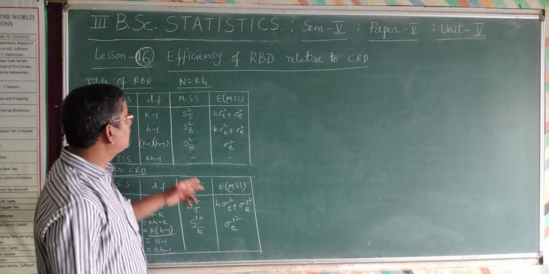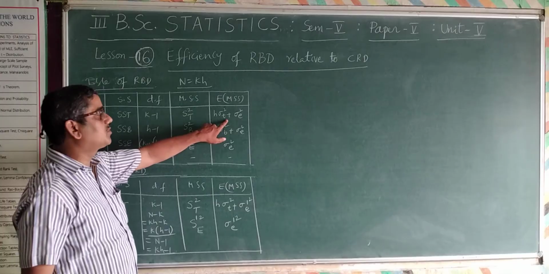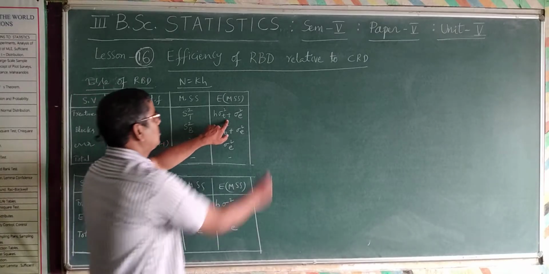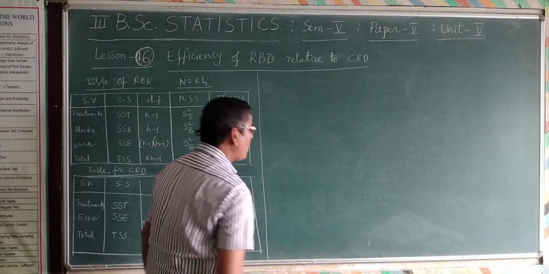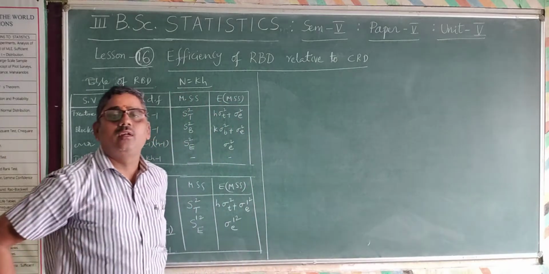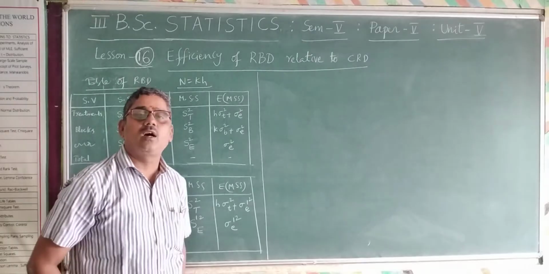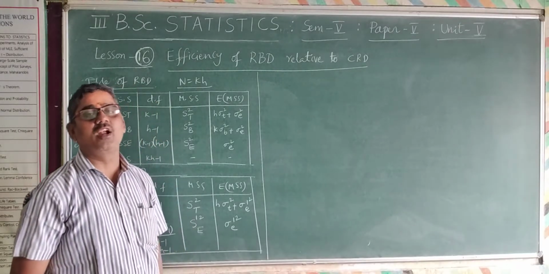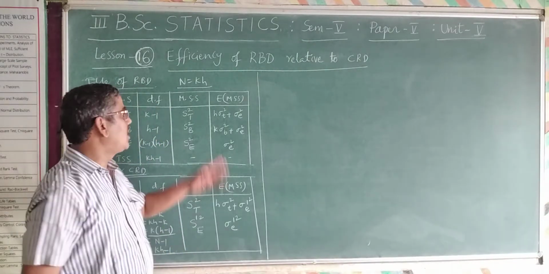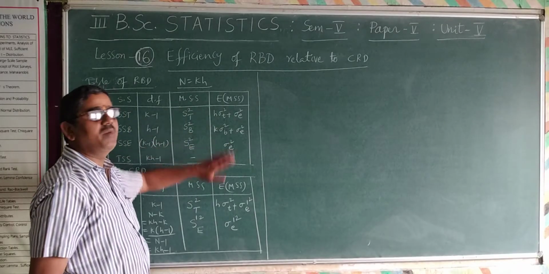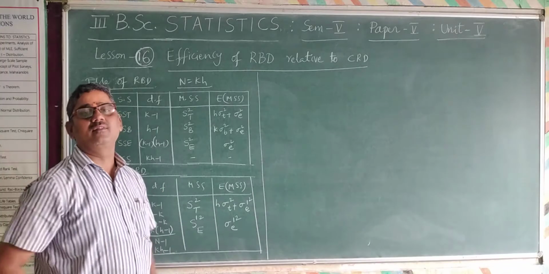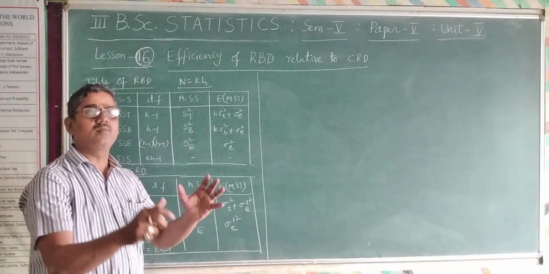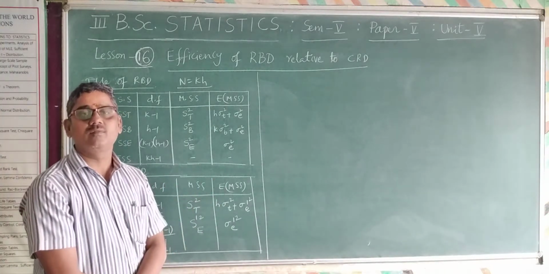Now instead, I consider degrees of freedom multiplied by expectation of mean sum of squares, which I will get by comparing the sum of squares in both designs, RBD and CRD. So I multiply degrees of freedom and expectation of mean sum of squares in both the designs and equate them, which is nothing but the sum of squares, right?